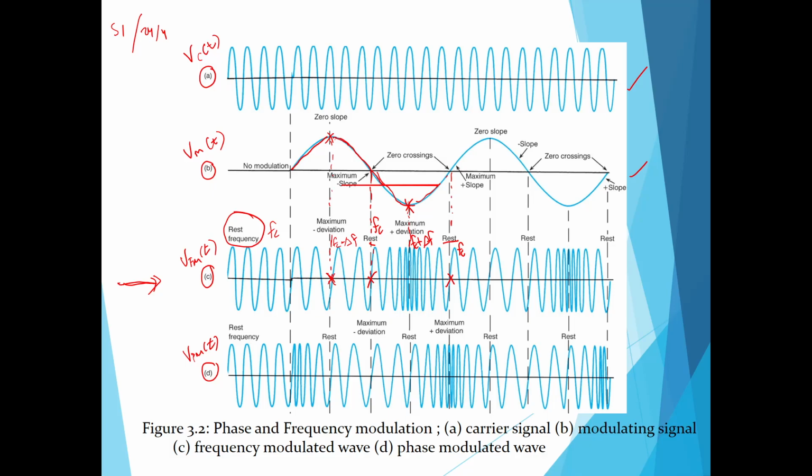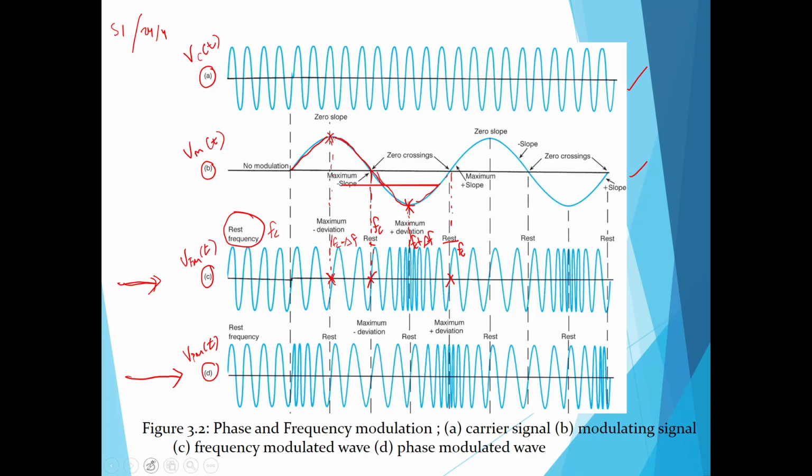So the critical changes are during the peak amplitude of the input message. Whereas for the PM, phase modulation, if you see graph D, you will see later that the critical changes happen during the zero crossing.